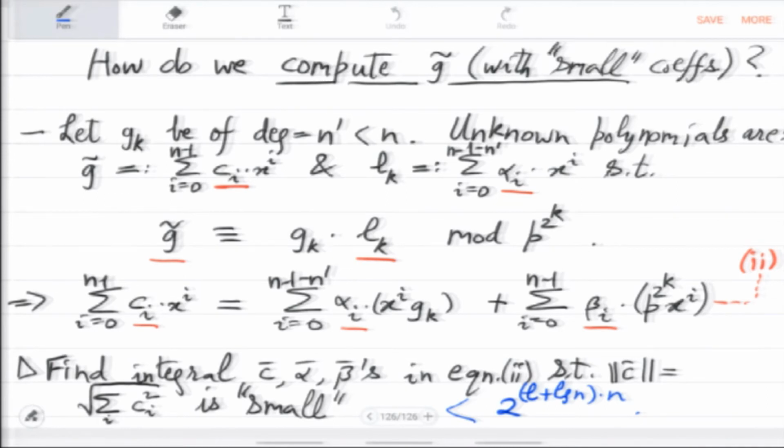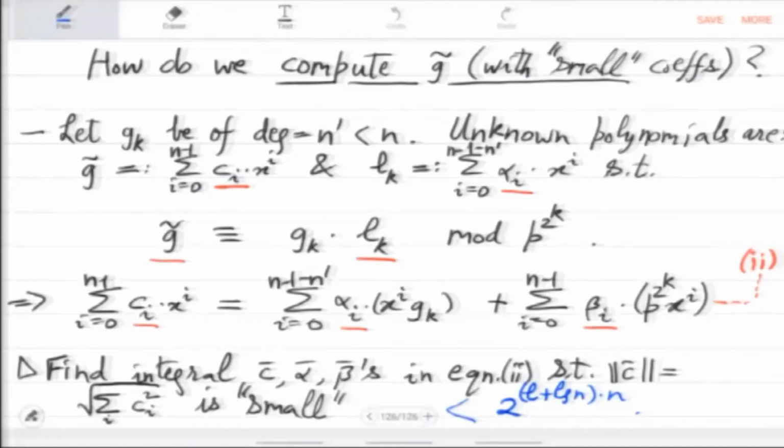So, we have reformulated the question. You are given a linear system with the unknown variables C bar, alpha bar, beta bar, and you want an integral solution such that the norm of C bar is smaller than this 2 raised to L plus log n times n.